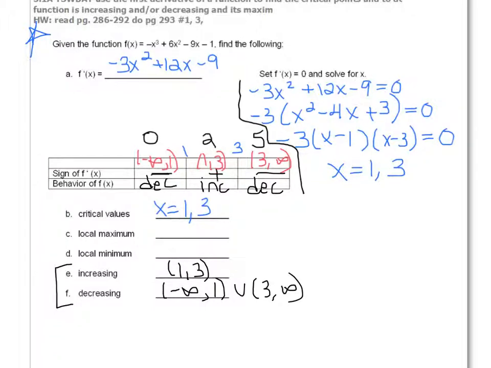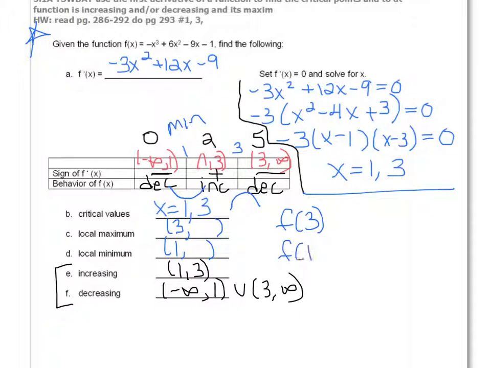Because this is decreasing to increasing, that is a min at 1. And increasing to decreasing, that's a max. But now I need these y values. So what I'm going to do is plug in 3 to the original, plug in 1 to the original. So when I plug in 1, we get negative 5. And when I plug in 3, I get negative 1.